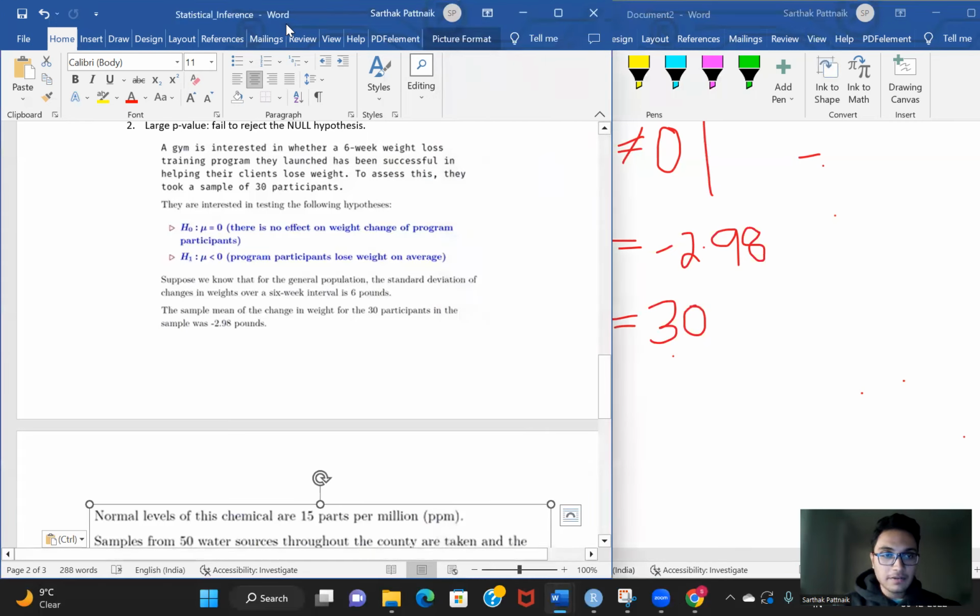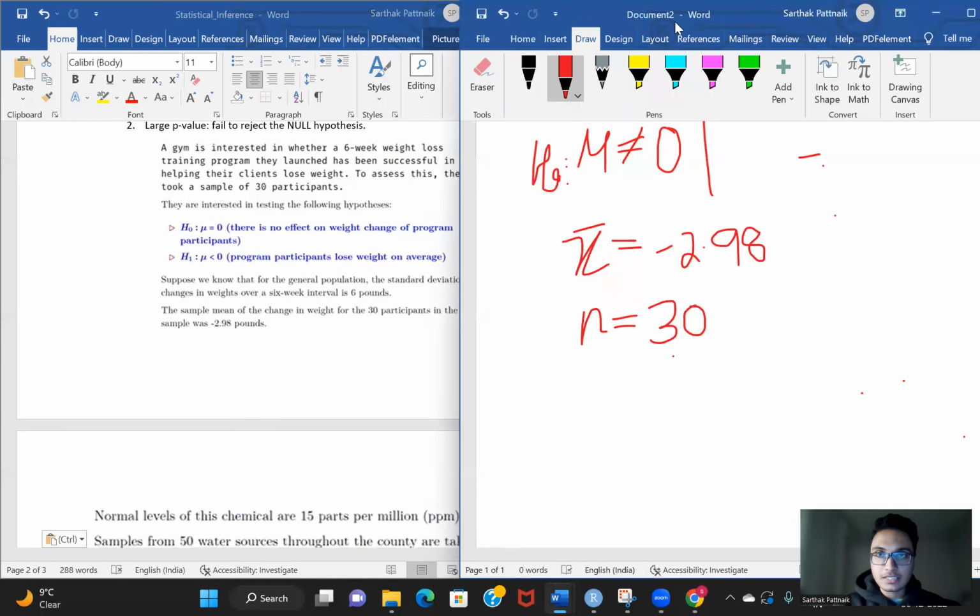And my standard deviation is 6. And my mu naught is equal to 0.